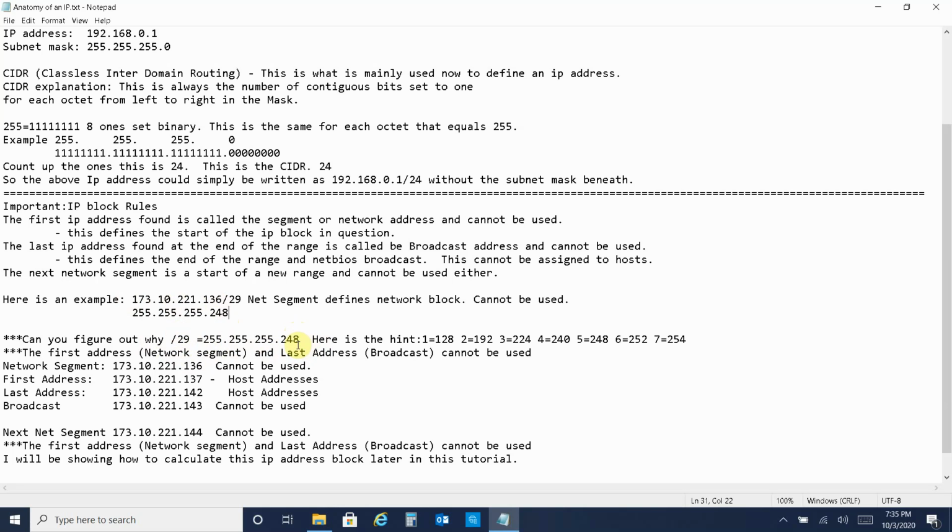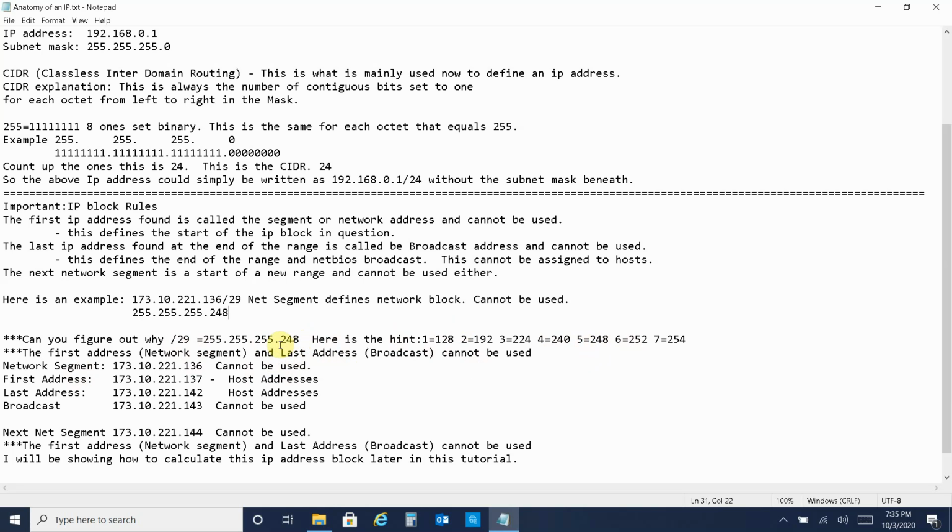How many hosts you can have is the zeros left over. So in this case, 5 there, there's 8. We don't have to go through all this again, just to know that we have 3 zeros left over, because this again is 8 bits.